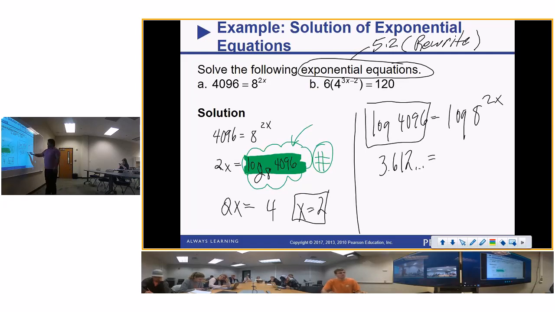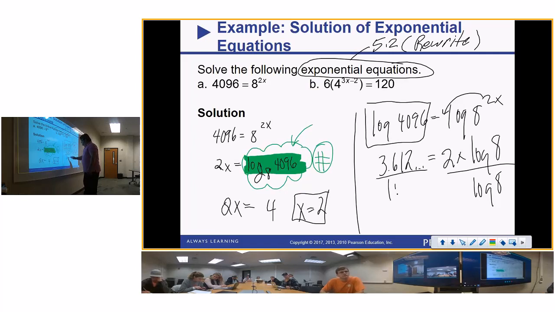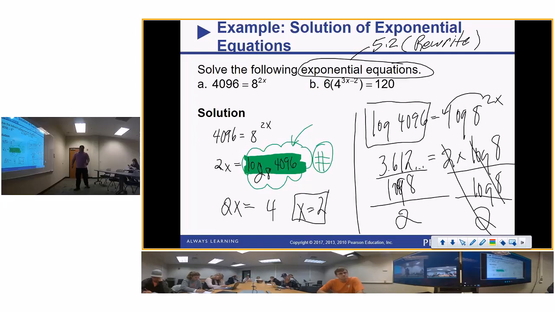So that's 2x. Bring this out front, log of 8. Now divide by log of 8, and divide that by what? 2. So do all that, and x should be equal to 2.